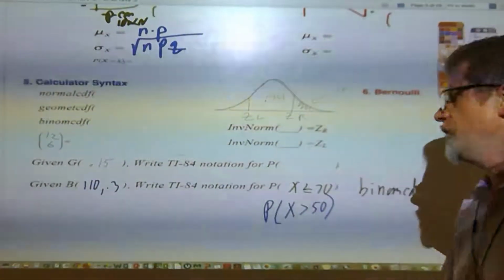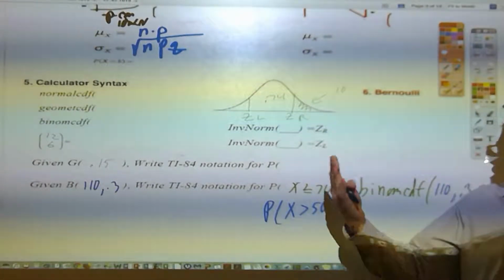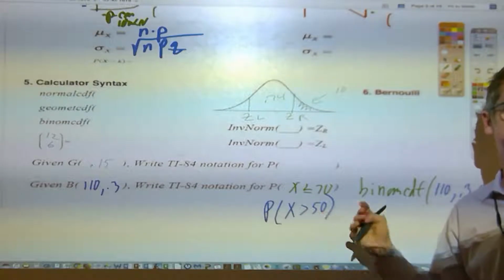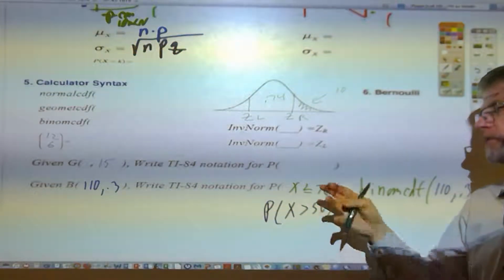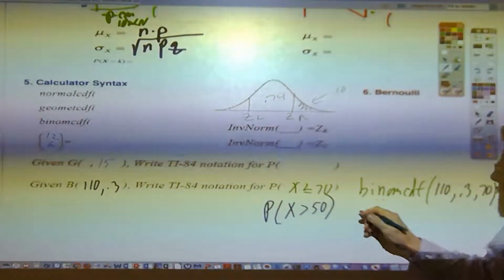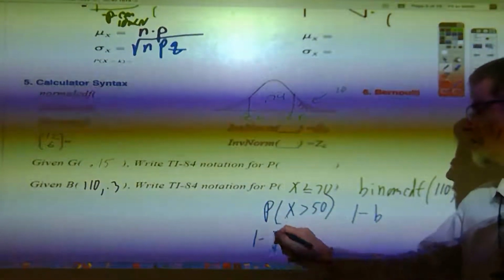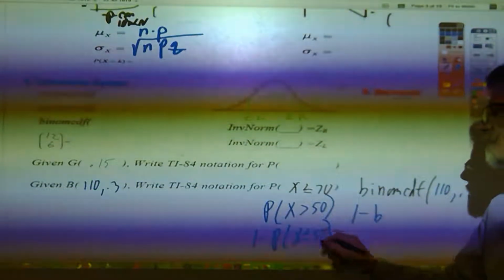Well, friends, if you had to find the probability that x is greater than 50, that's from 51 on up. The first number that's greater than 50 is 51. So if you want to add all the numbers from 51 up to 110, you would take 1 minus the probability that x is less than or equal to 50.